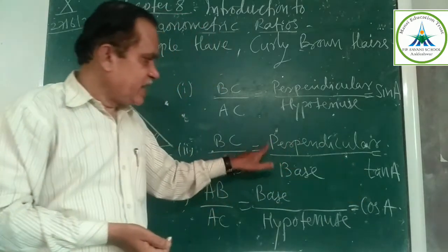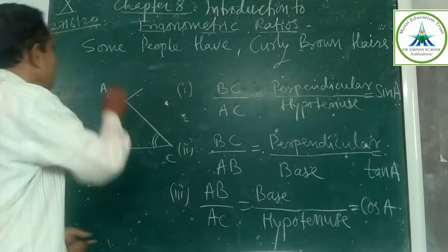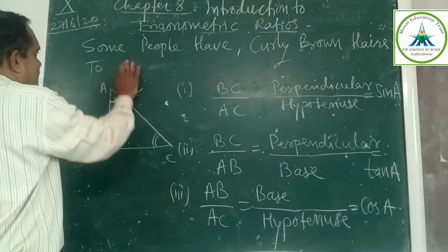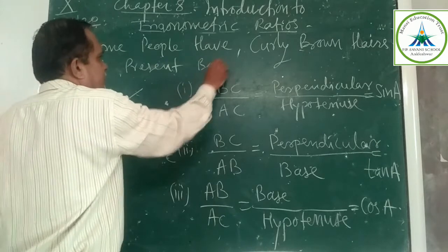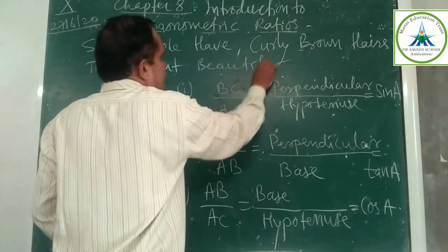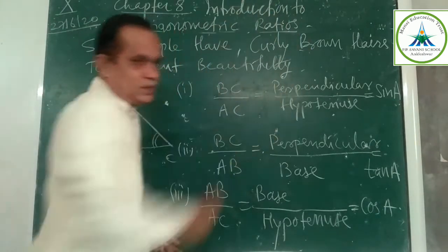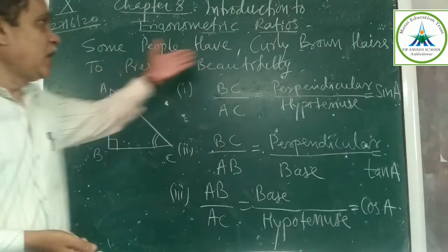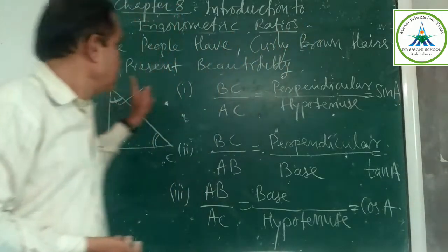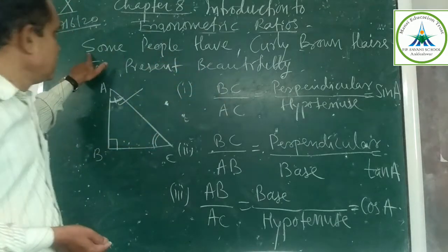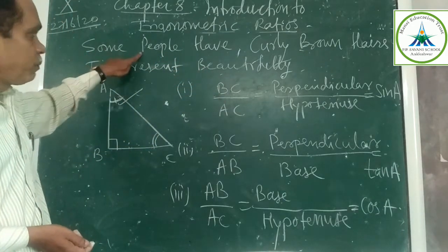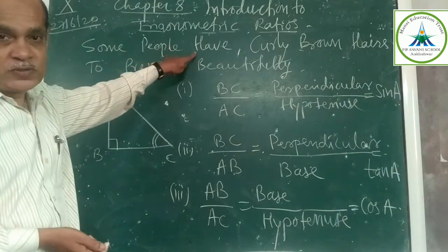To present beautifully. If you say that some people have curly brown hairs to present beautifully, in the first three words, S for sine, P for perpendicular, H for hypotenuse.